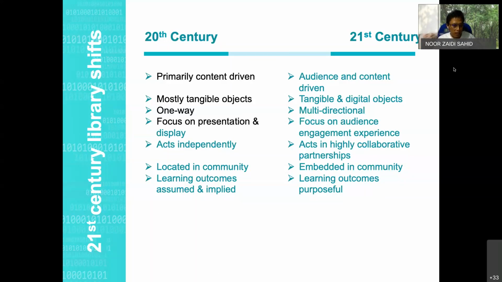Act independently in the community, or learning outcome assumed and implied. Learning outcome tu dah being objective or targeted. In the 21st century, libraries more to audience and content driven, and user needs or audience needs sometimes they're very complex and very unique.